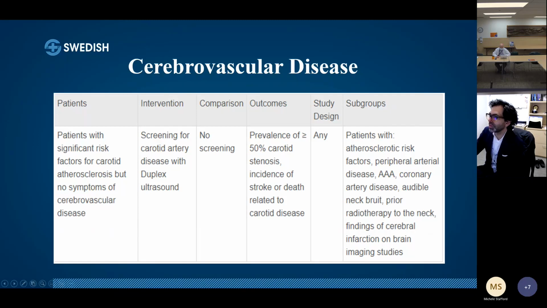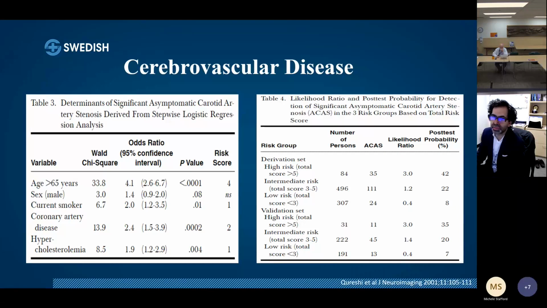Really what you're doing is looking for patients with risk factors for atherosclerosis. So you're basically saying people who have atherosclerosis in other vascular beds are reasonable candidates for screening. And part of that comes from this Western New York stroke screening program, where they tried to set up a selection criteria.